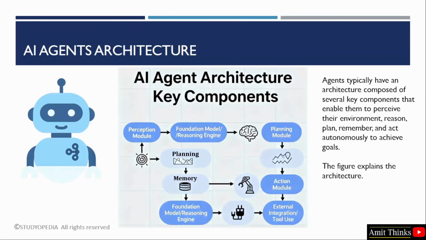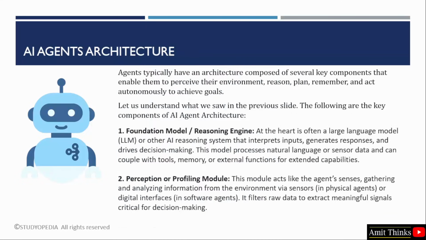So this figure explains the architecture. Let us understand the components one by one. The following are the key components of AI agent architecture. The foundation model, that is the reasoning engine. At the heart, there is often an LLM or other AI reasoning systems which are used to interpret inputs, generate responses, and drive decision making.